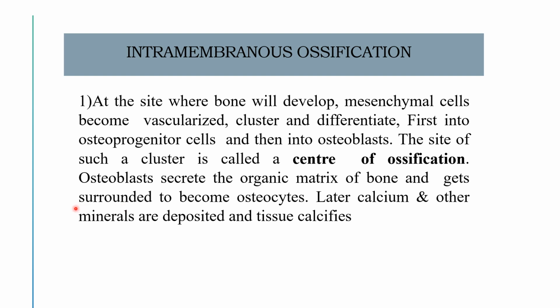Later, calcium and other minerals are deposited and the tissue calcifies. So, this is the process of intramembranous ossification. First, the center of ossification develops. From there, osteoblasts will secrete the organic matrix and get surrounded to become the osteocytes. And later, calcium and other minerals are deposited so that the tissue calcifies.